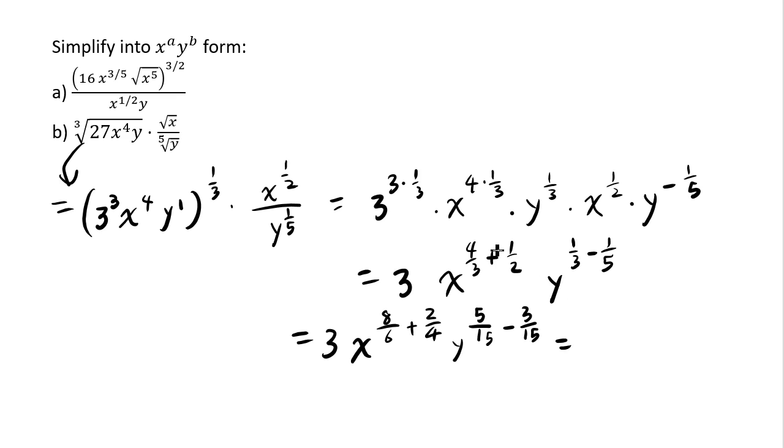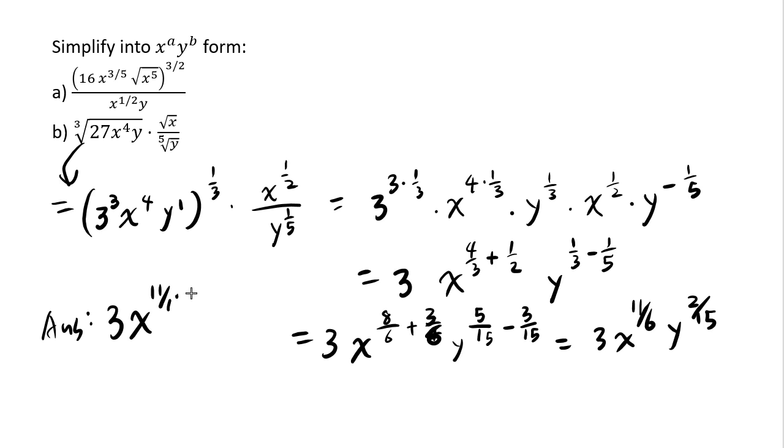And, oh, sorry, this should have been 3 over 6 to make common denominators. Okay, so you have 3x, 8 plus 3 is 11 over 6, and y, 5 minus 3 is 2 over 15. So the answer is 3 times x to the 11 over 6 and y to the 2 over 15.